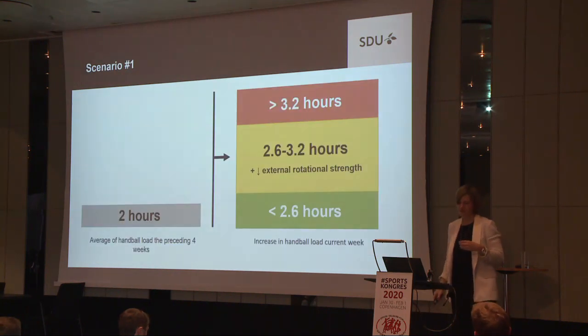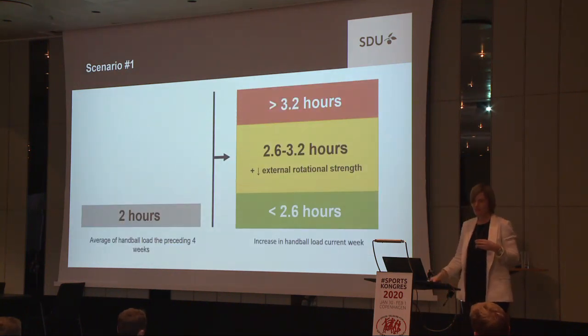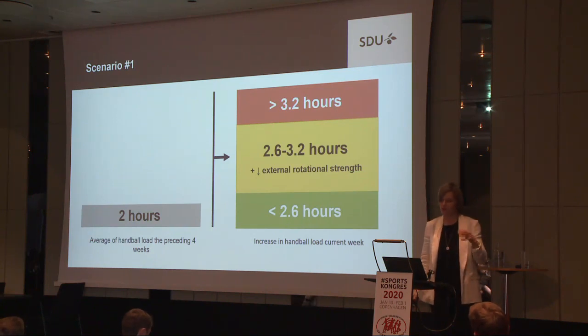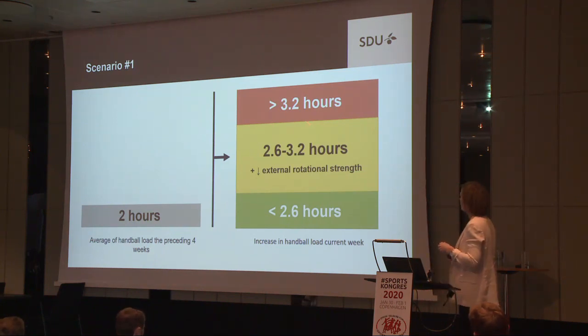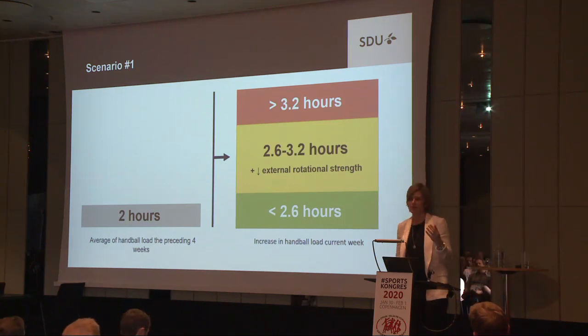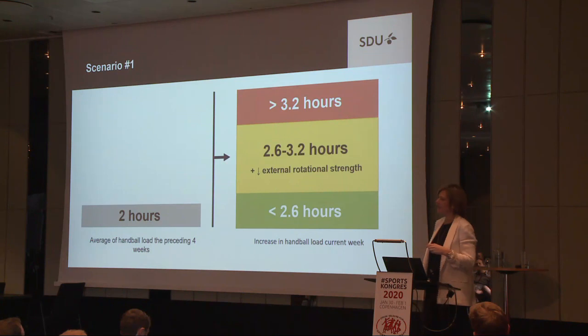So just to give an example, if, for instance, you have a player who hasn't had another injury and hasn't played for a long time, and they have a 4 weeks preceding average of 2 hours, well, then this player shouldn't, of course, increase that much in the following week in her weekly handball playing load, especially if she has reduced external rotational strength.